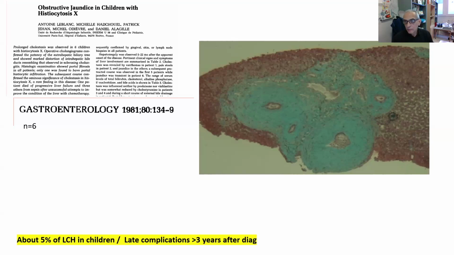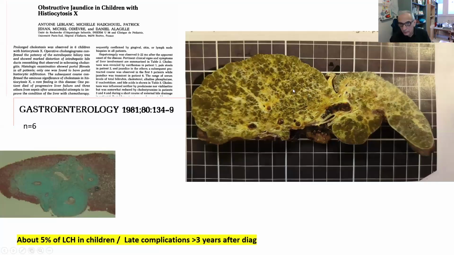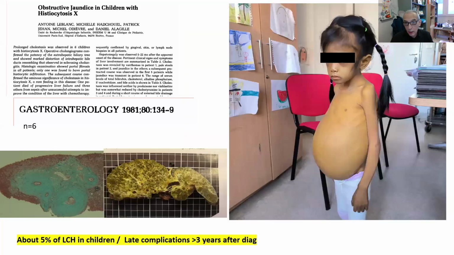Typically the lesion in the liver is like an onion bulb on the biliary duct, and you may imagine that with this kind of fibrosis around the duct, the bile does not flow normally, and there is accumulation of bile in the liver, which results in a secondary cirrhosis, like this picture of an explanted liver.